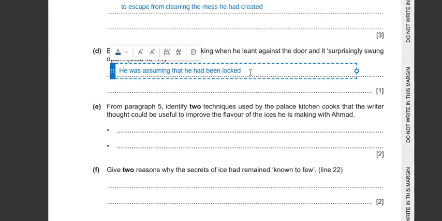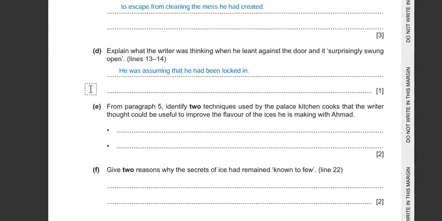Yes. So the writer was assuming that he had been locked in, or he might have been stuck over there. The answers that I'm writing over here are the basic context that is going to be acceptable. It's not necessary at all that all of your answers align with what I have written. You can rephrase, but the main idea should remain the same, right?